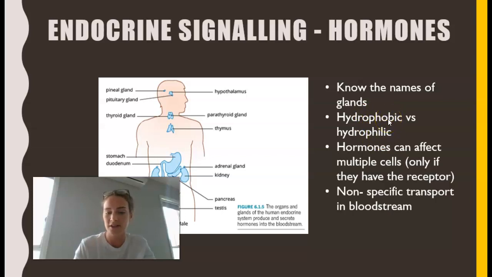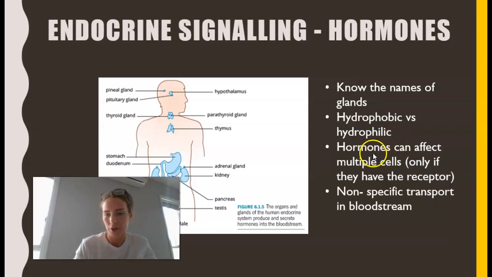So remember your definitions for hydrophobic and hydrophilic, and understand that hormones can fit into one of those two categories. As a general rule of thumb, a lot of the sex hormones, steroids, are hydrophobic hormones. So that can be a useful piece of information.